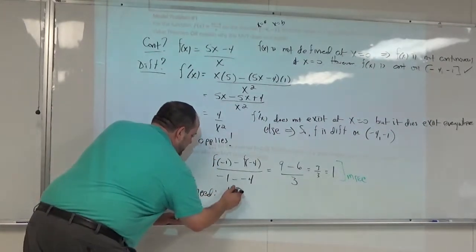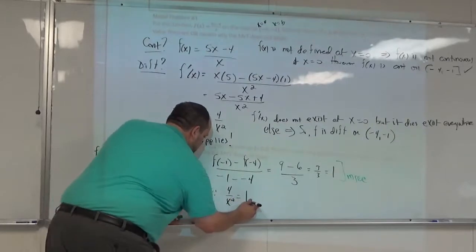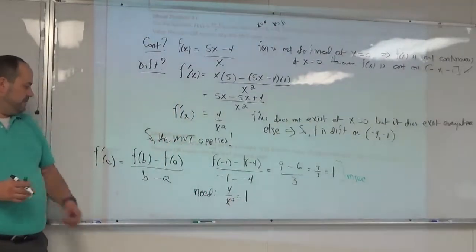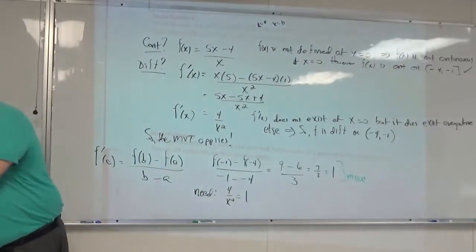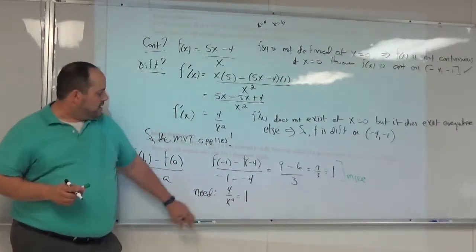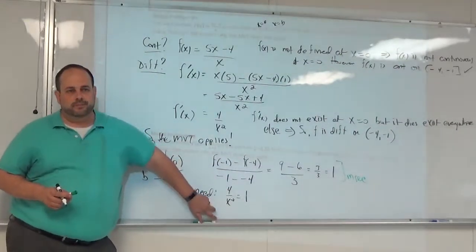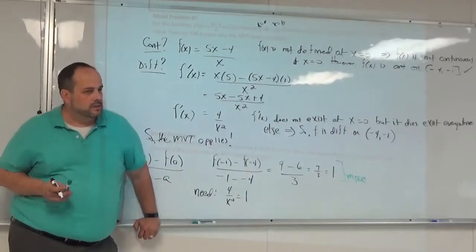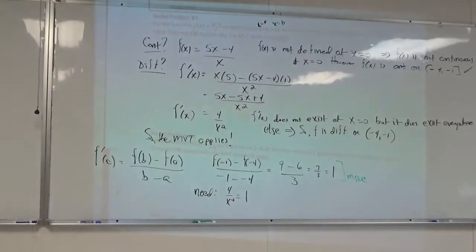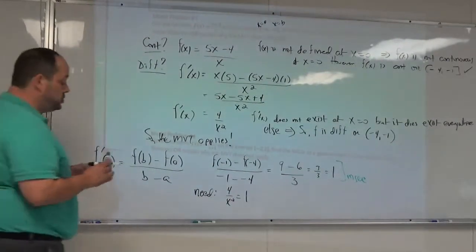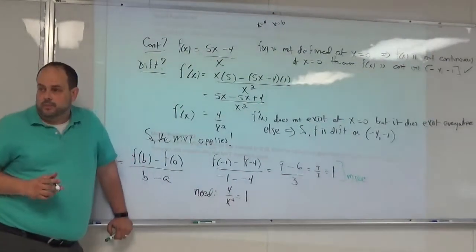What we need is for the derivative to be equal to 1. This guy over here is your derivative. 4 divided by x squared is equal to 1. What's x? Some of you are able to reason this through in your head. 2 is part of the solution.